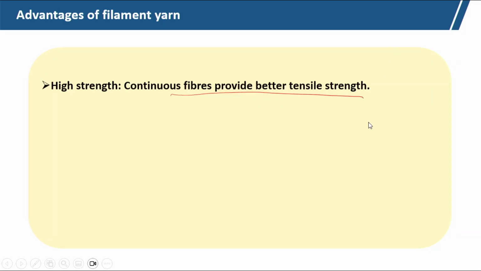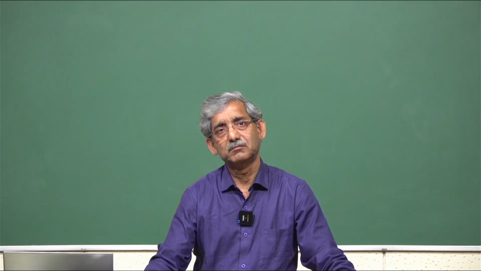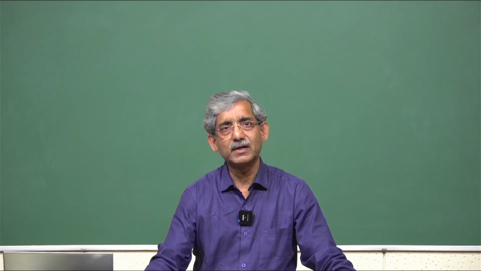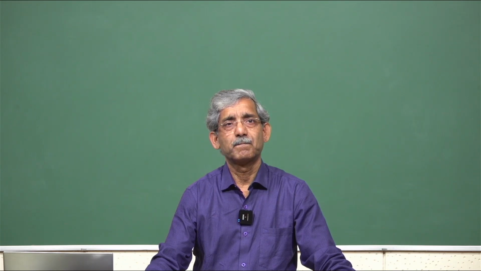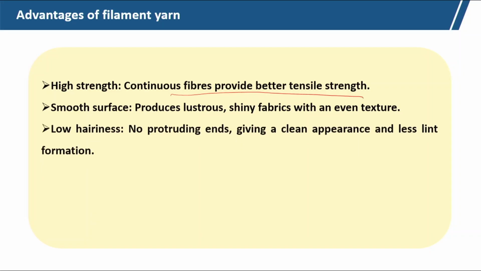For any high strength application we should normally try for filament yarn. Smooth surface produces lustrous, shiny fabric with even texture, no protruding fibers. So, it gives a clean appearance.